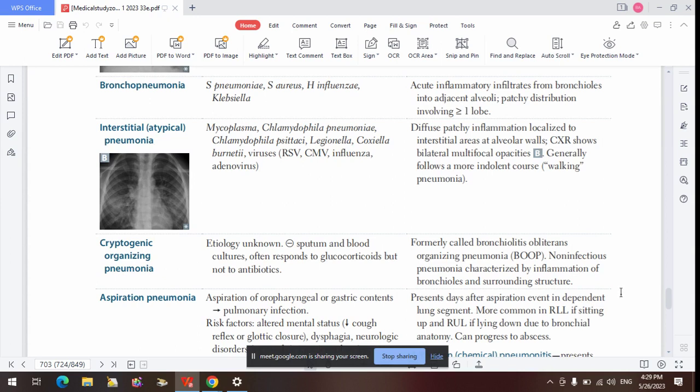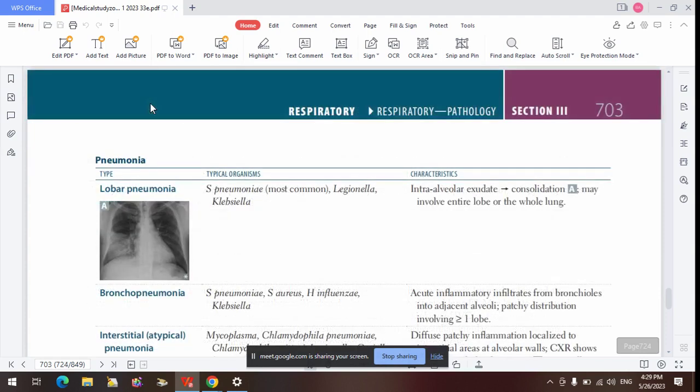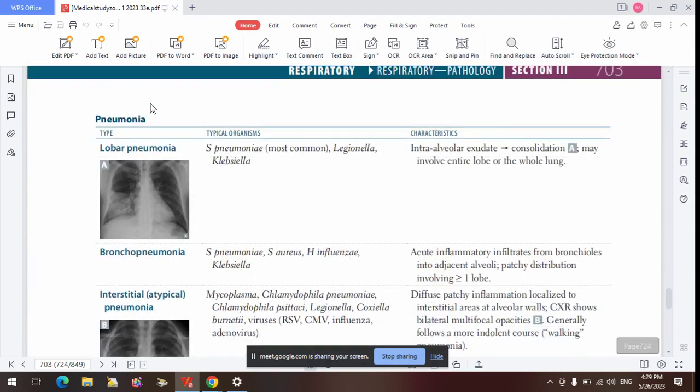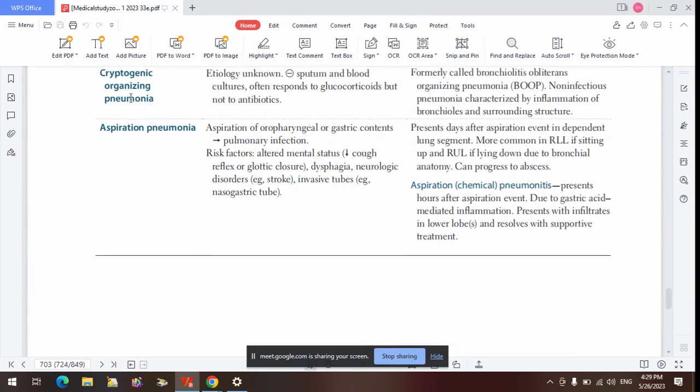I just want you to know that it's only localized to the bronchioles and the alveoli. The interstitial one is localized only to the alveoli. Your bronchial pneumonia is confined to your bronchi as well as the alveoli. So that's that about the COP, which is cryptogenic organizing pneumonia.